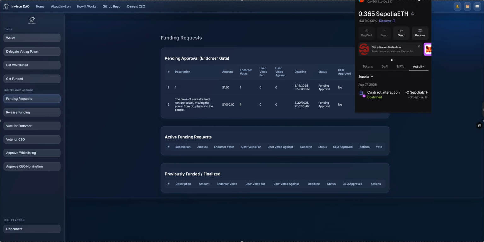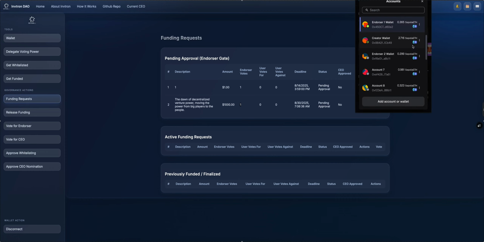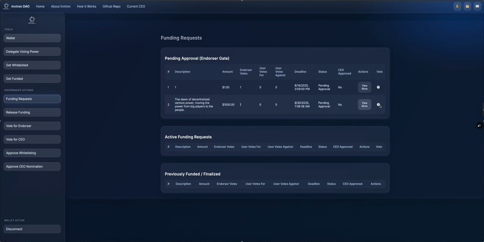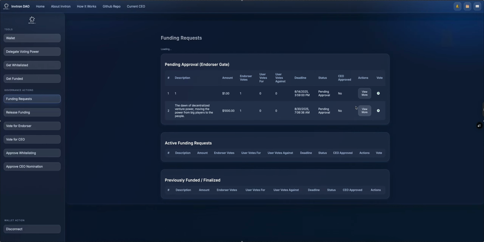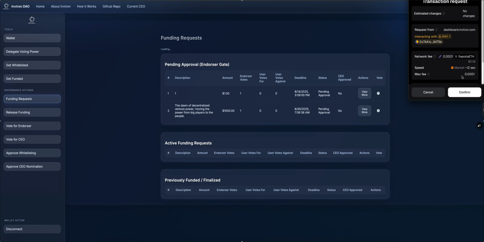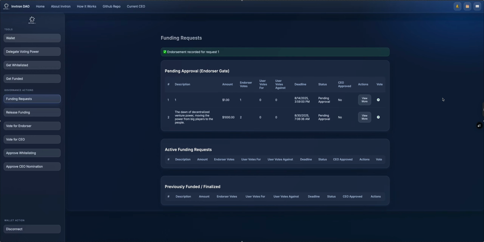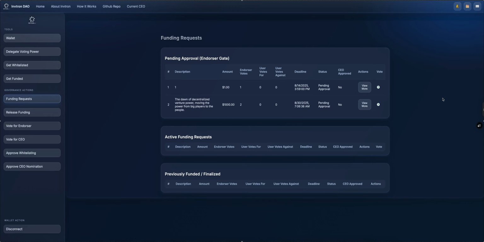We have another endorser, which is endorser 2 here, and we can use it also for voting. And confirm. As you can see now, 2 endorsers approved the funding request.